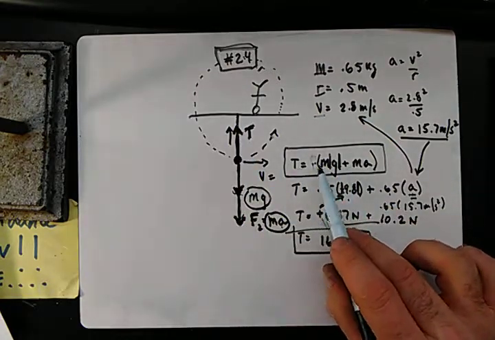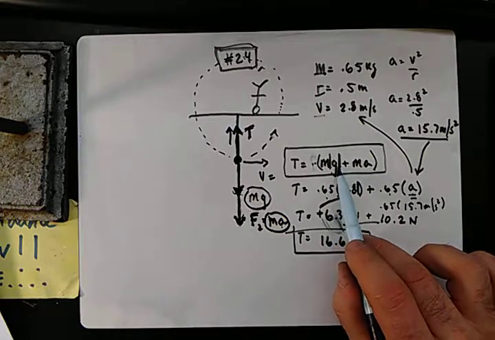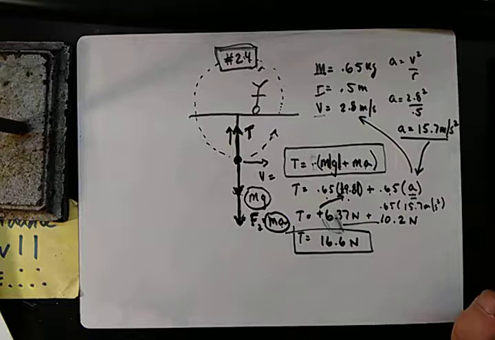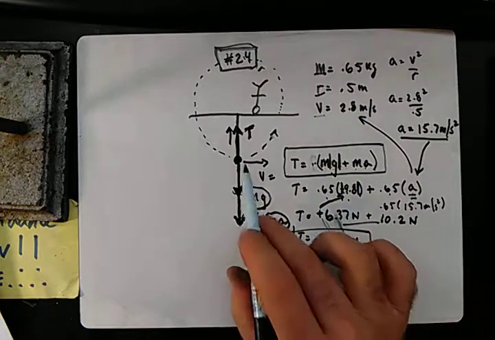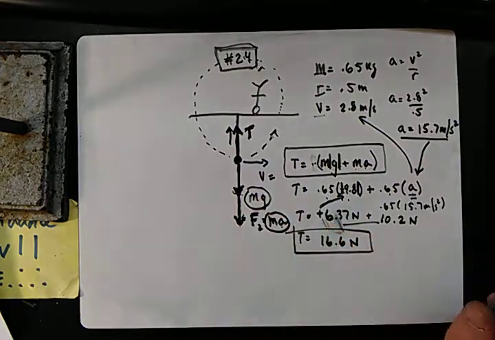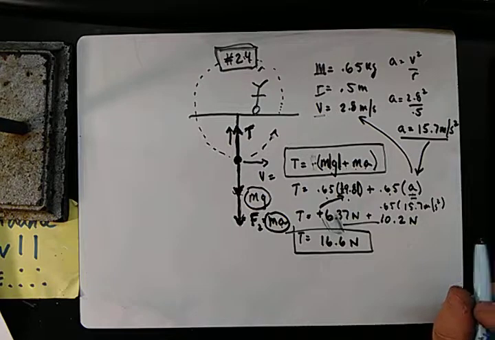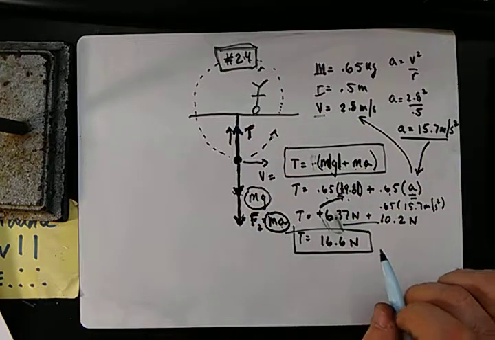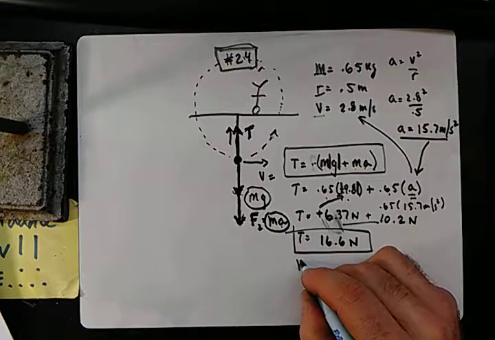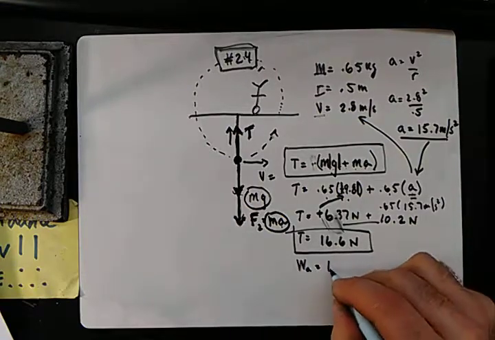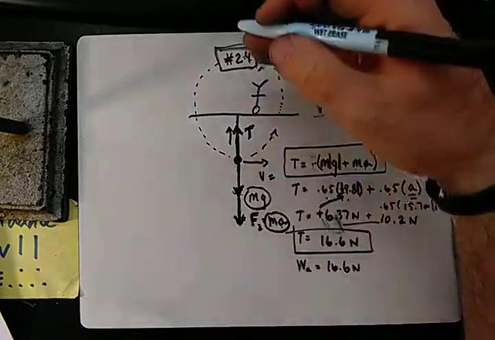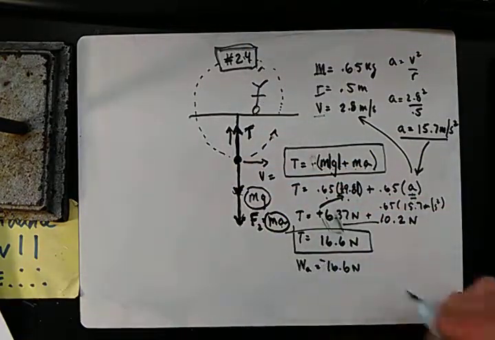So it's T equals mass times the absolute value of gravity plus mass times the acceleration. You'll end up with an answer as far as that goes. So the tension in the string is 16.6 newtons. I would actually go as far as saying the apparent weight is 16.6 newtons. Tension pulls up, weight pulls down.